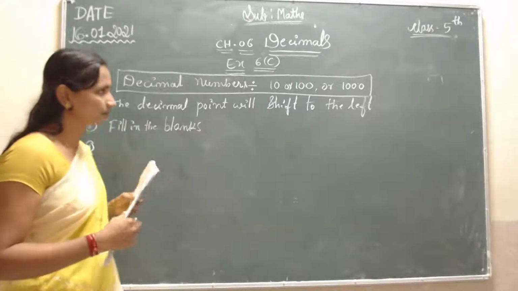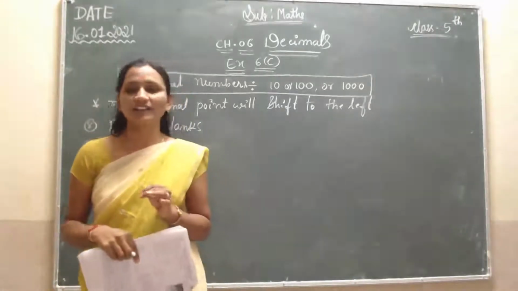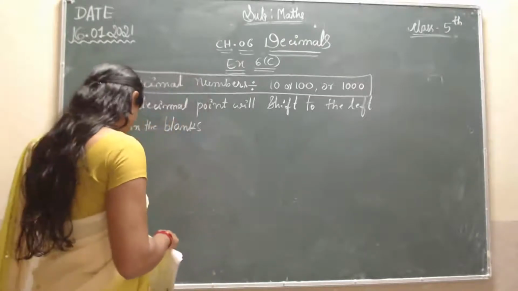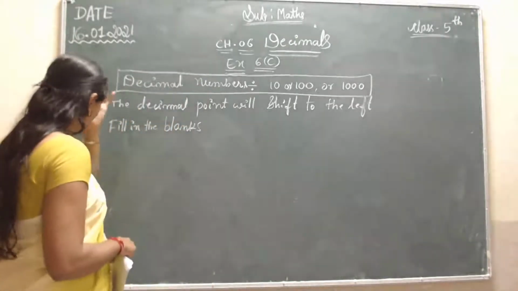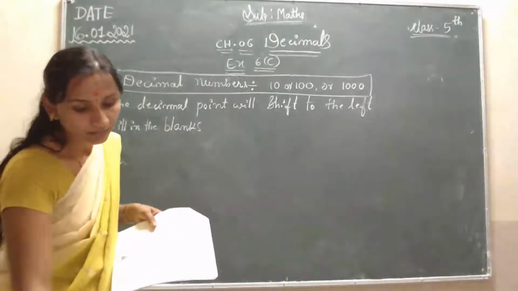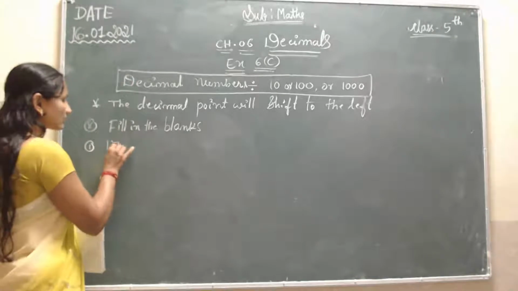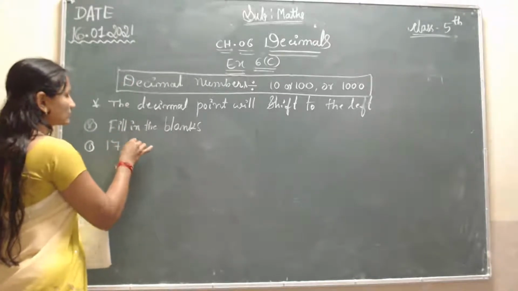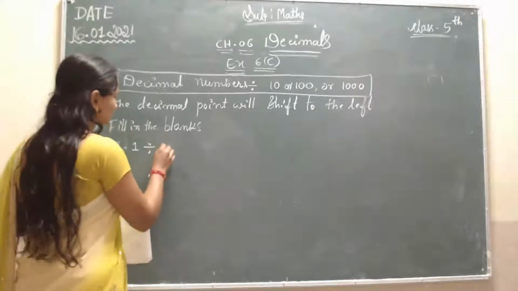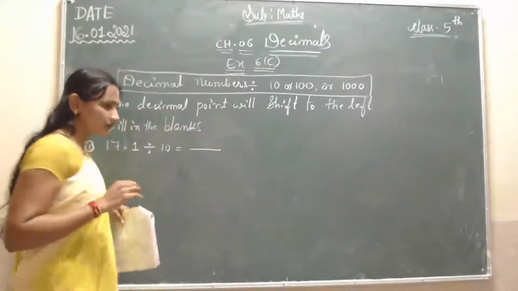Students, this is the most important topic in the decimal chapters for higher classes. The question given is: 17.1 divided by 10. What is the result? So this is the question.